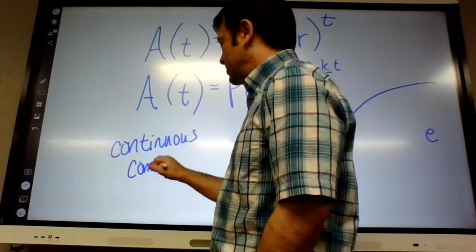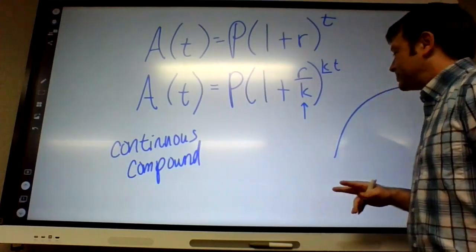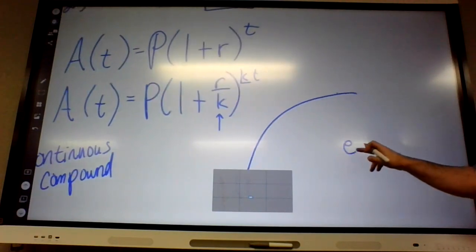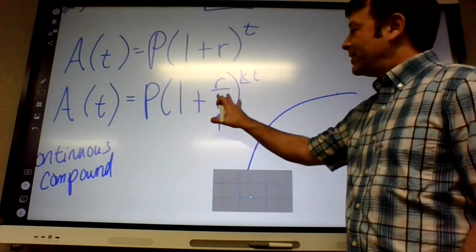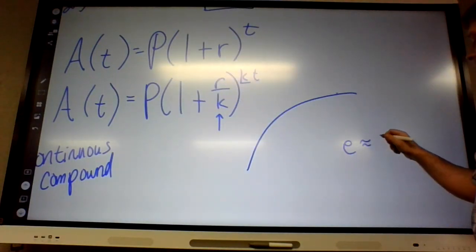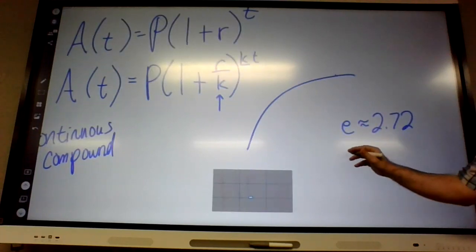But instead of getting an infinite amount of money, it just kind of levels off and stops giving you money at one point. So this all simplifies to just e, which is about 2.72. It's a weird number. It's kind of like pi. It's an infinite number.